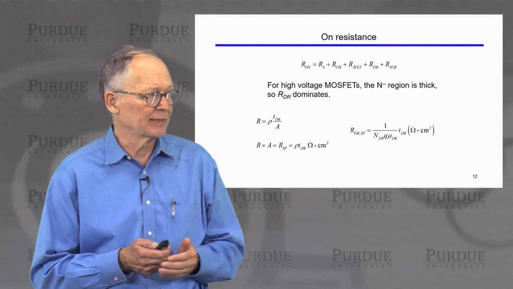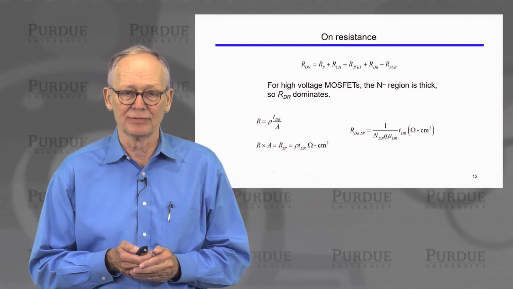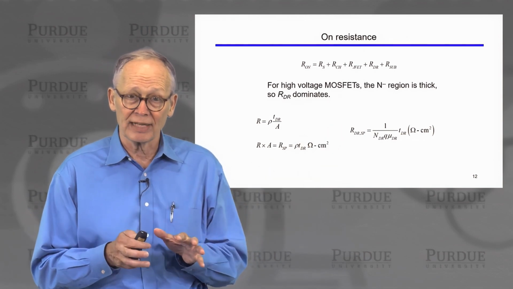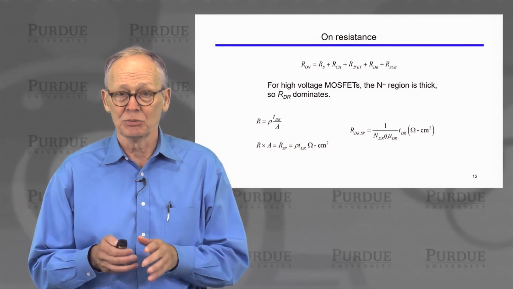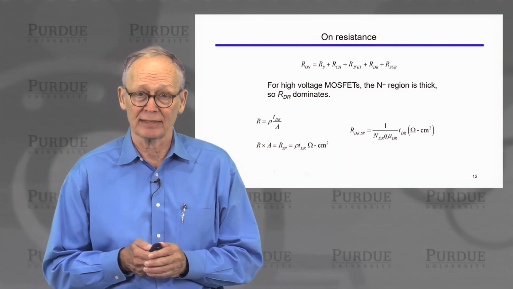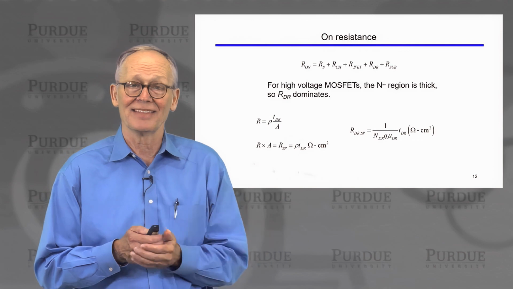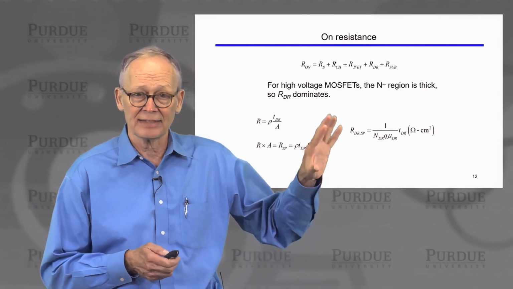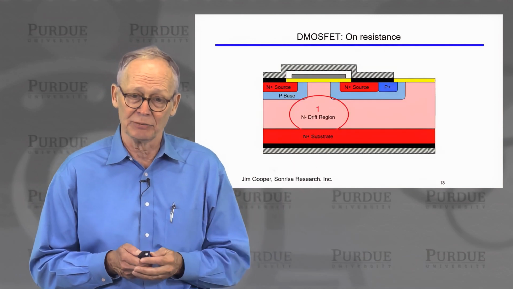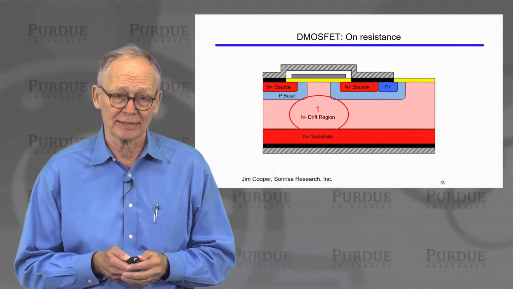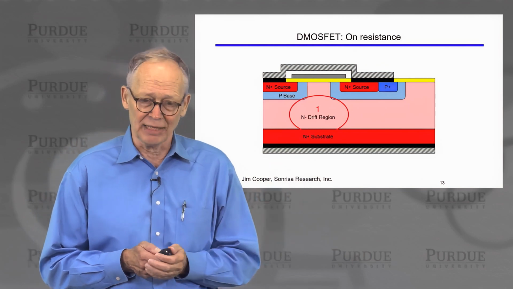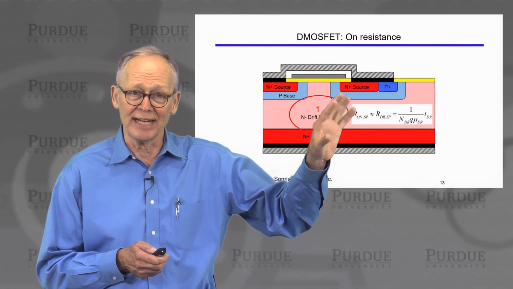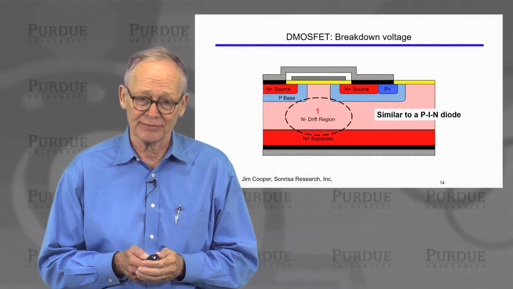So our specific resistance, the product of resistance times area, will simply be 1 over the doping of that lightly doped N layer, Q times the mobility of electrons in that lightly doped N layer, times the thickness of that drift region for the MOSFET. So it's a very simple expression, and this is the component that will dominate the on resistance in a high voltage device. Okay, so we've talked about on resistance, and we have a simple expression for the dominant component in a high voltage MOSFET.